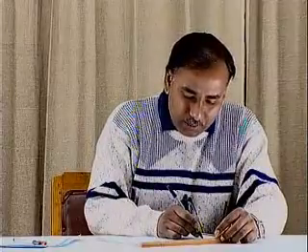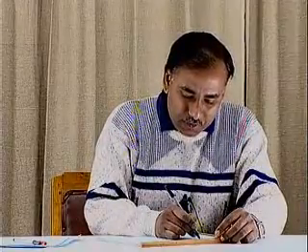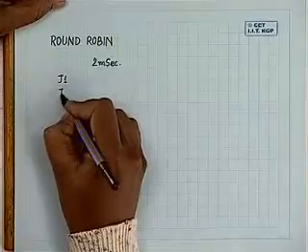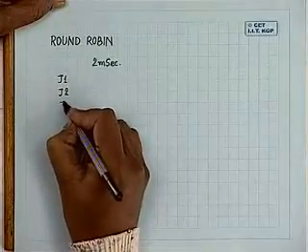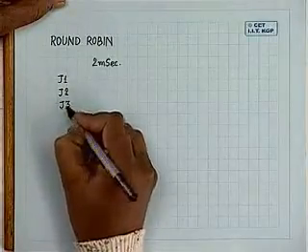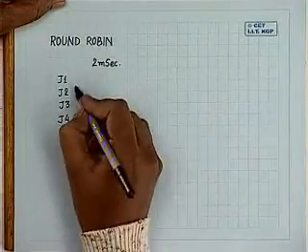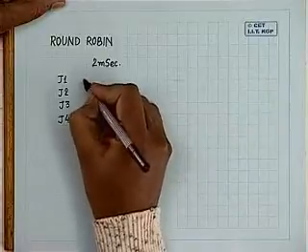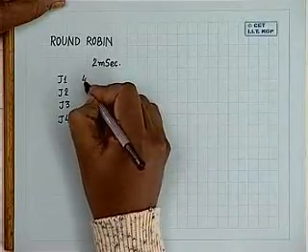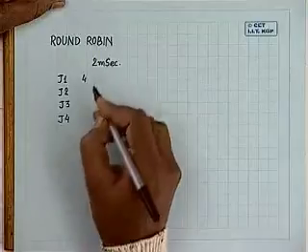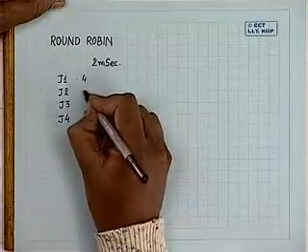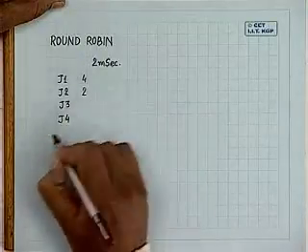Coming back to a similar example, suppose I have job J1, job J2, J3, J4. Job J1, let us assume it takes 4 milliseconds. Job J2 takes 2 milliseconds.